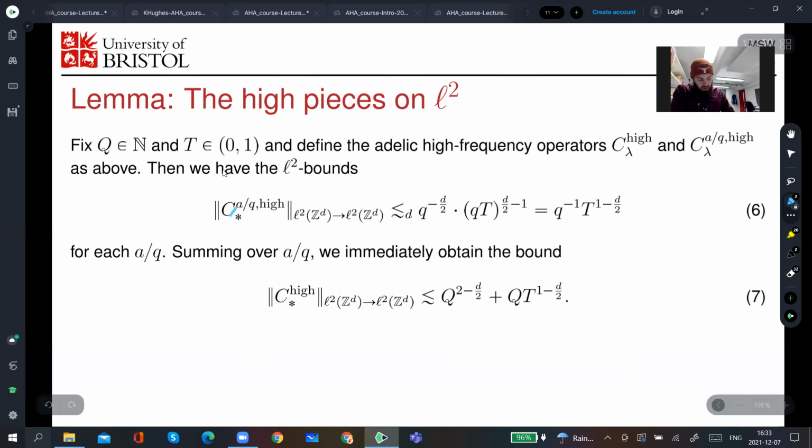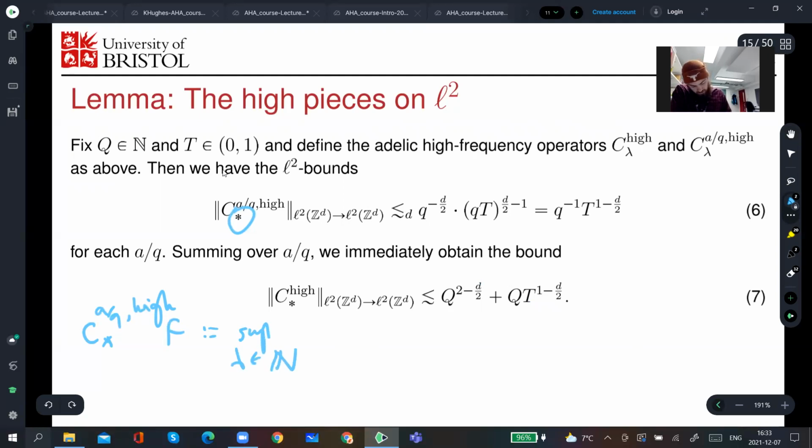Whenever you see a star here, it means I've taken a sup over all lambda in N. So C star A_q high applied to a function f is just defined as a sup over lambda in N of the absolute value of C lambda A_q f. Oh, the high part, sorry.